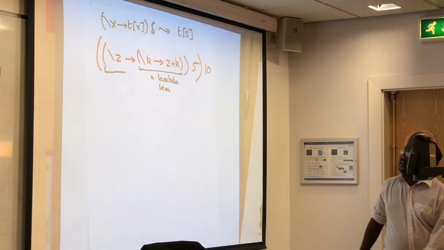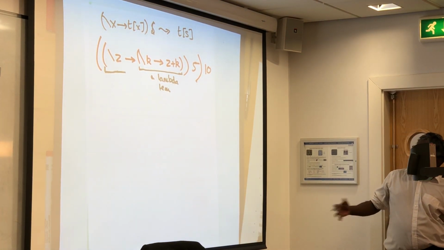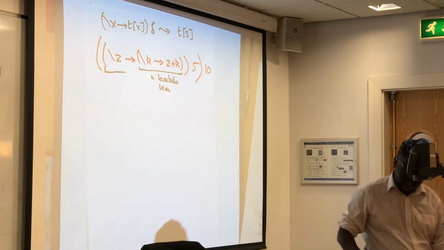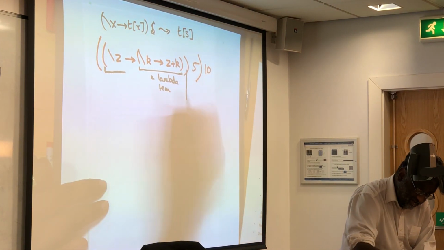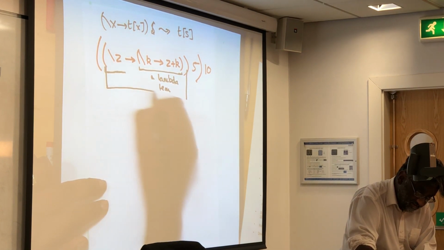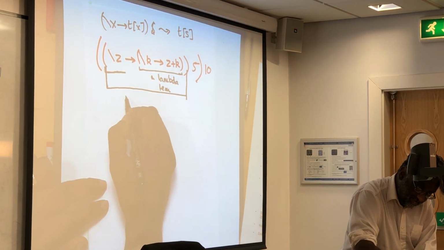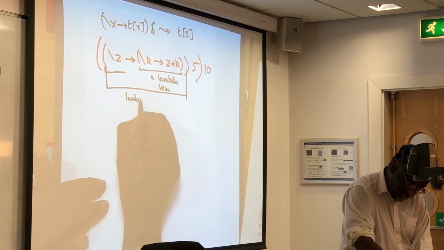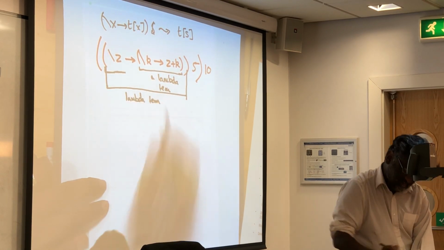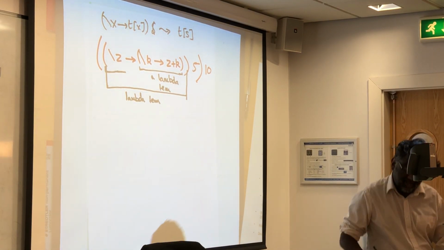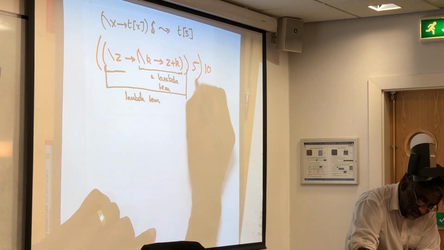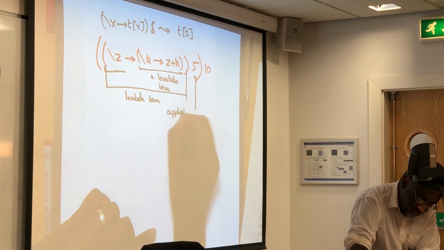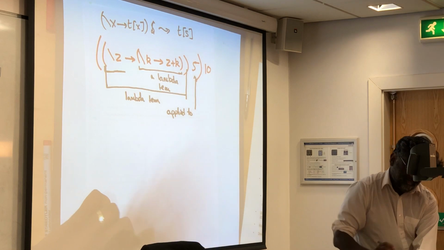It's lambda k arrow z plus k. So that's a lambda term. And then if you see the next layer of brackets, this bracket matches this bracket. So then this is a lambda term. And as you say, it's then applied to 5.